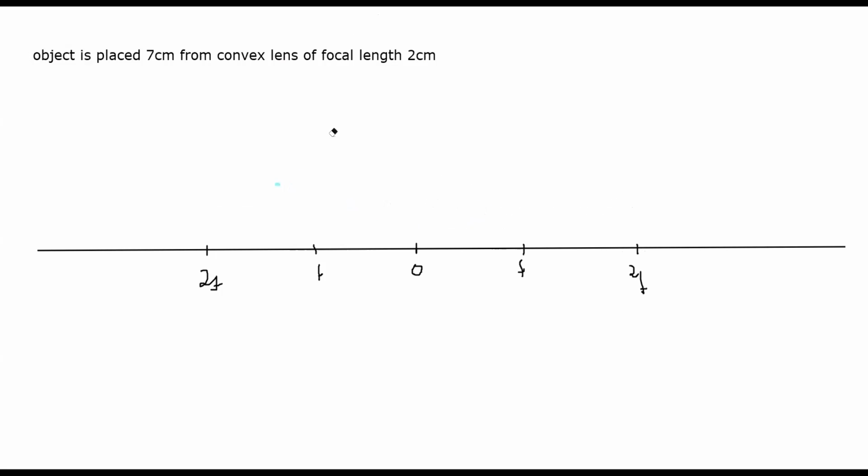Complete this one. Then the object is placed 7 centimeter, but the height of the object is not given. So you will draw 7 centimeter. If the height of the object is not given, you can draw an object of any height.